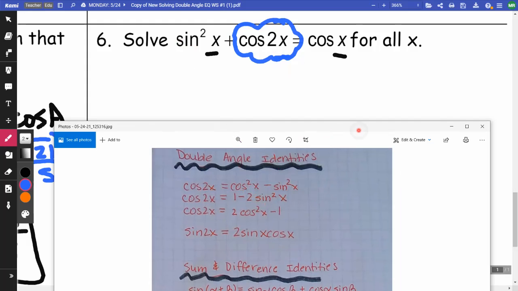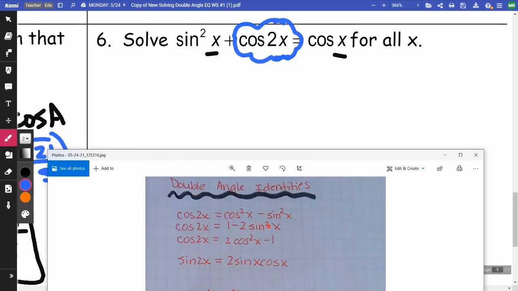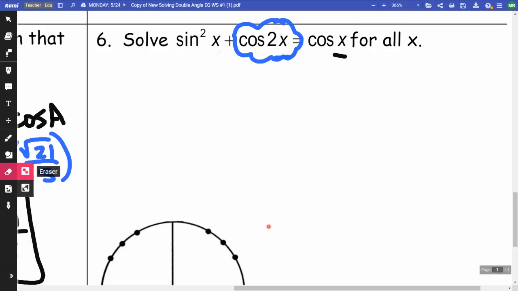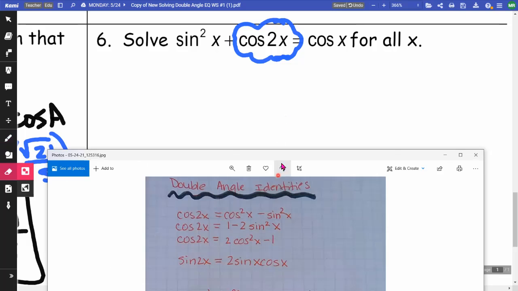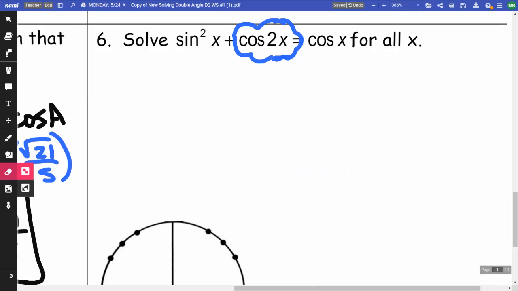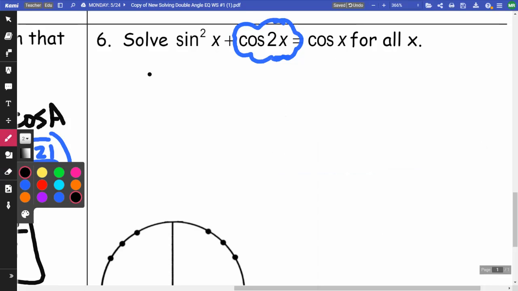So let me just move this down a little bit. Okay, so again, I'm going to use this one here, and I'm going to put it in place of that cosine, in place of my cosine 2x. So I'm going to have my sine squared x, not doing anything to that.